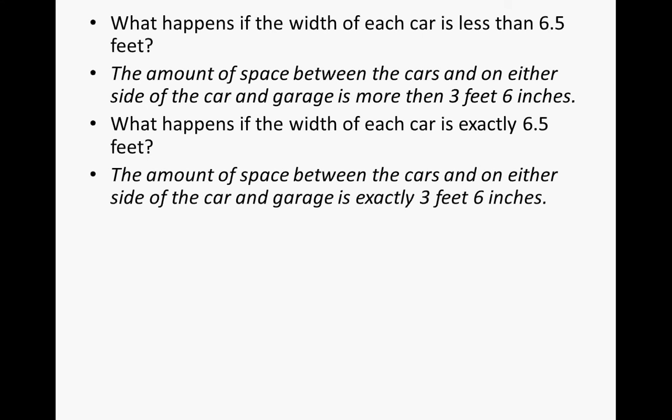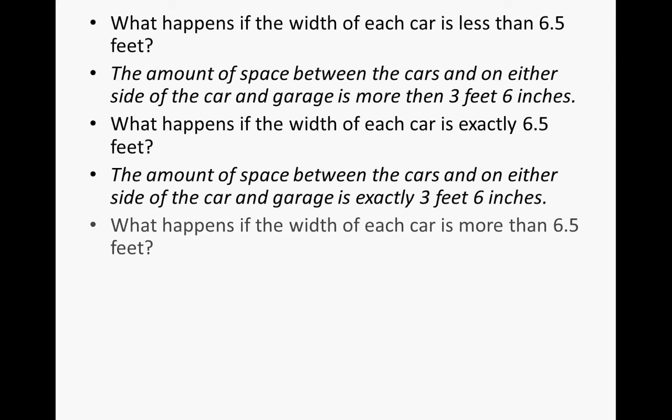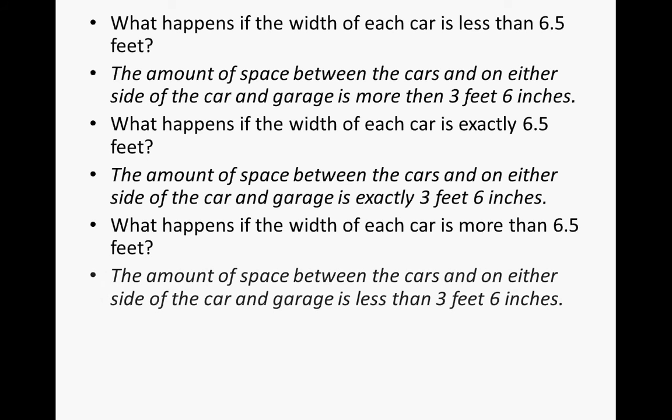Well, then the amount of space between the cars and on either side of the car and the garage is exactly 3 feet 6 inches. So what happens if the width of each car is more than 6.5 feet? Well, then the amount of space between the cars and on either side of the car and the garage is less than 3 feet 6 inches.